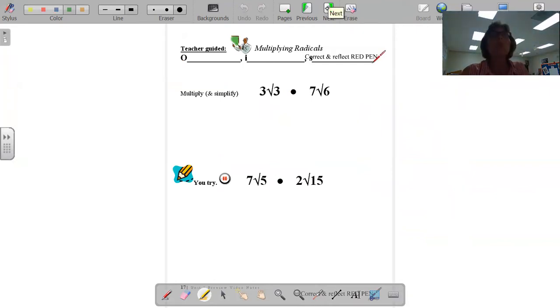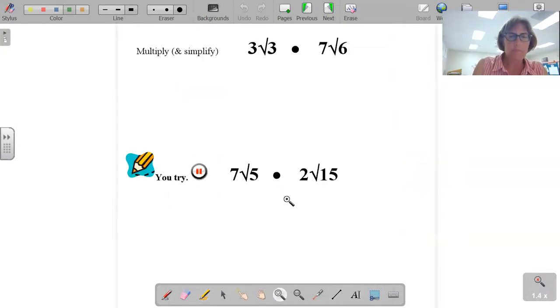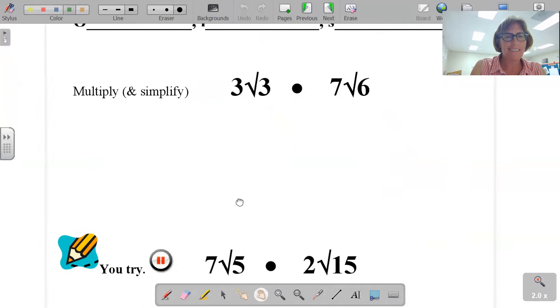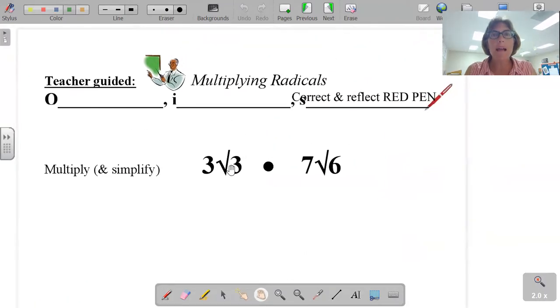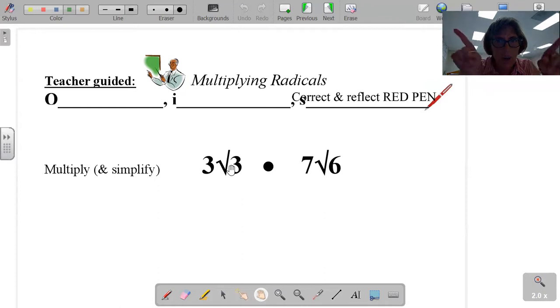Now we're going to multiply radicals. Say this with me. Outies, innies, simplify.